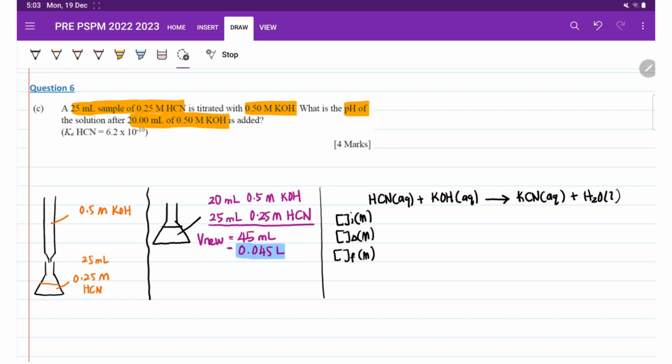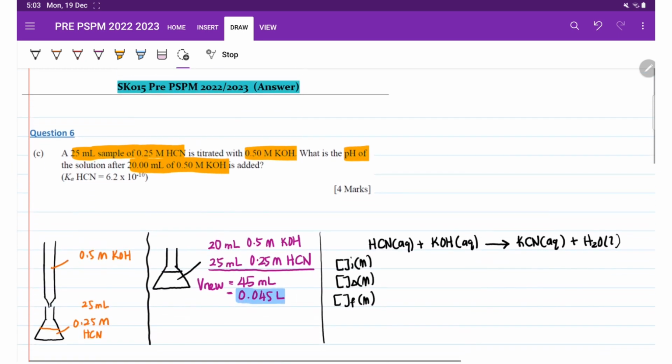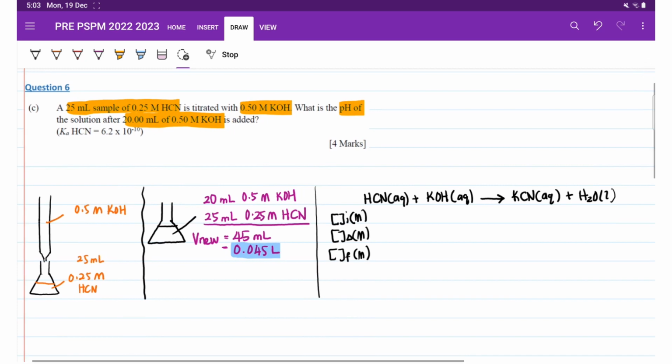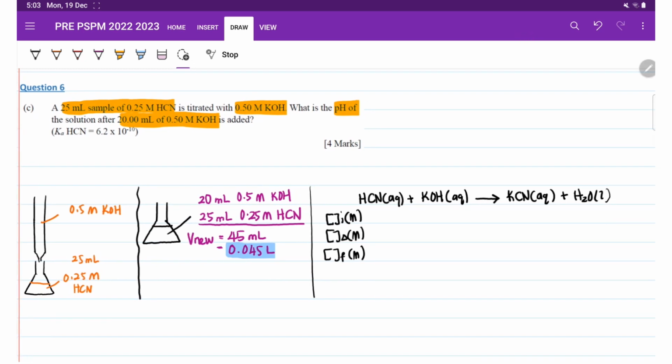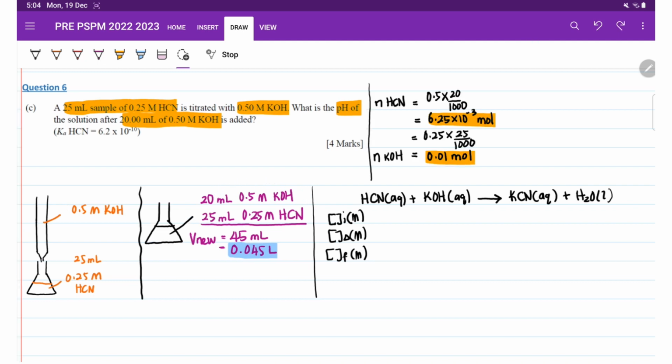We will first find the number of mole of each solution here. To find the number of mole, we will use the values here. We will use n equals to MV over 1000. So this is the number of mole of HCN, 0.5 molar.